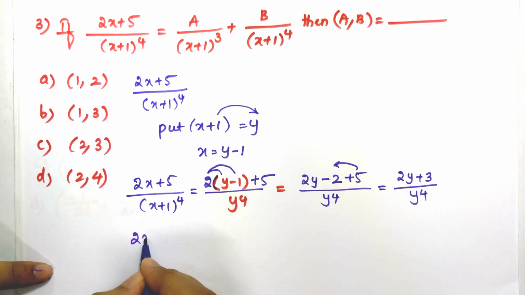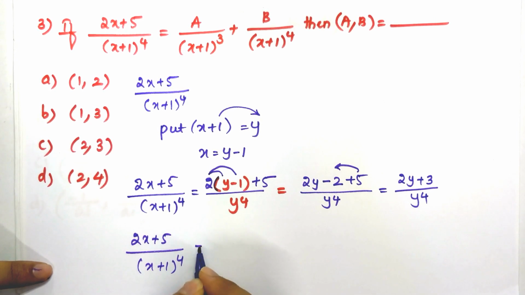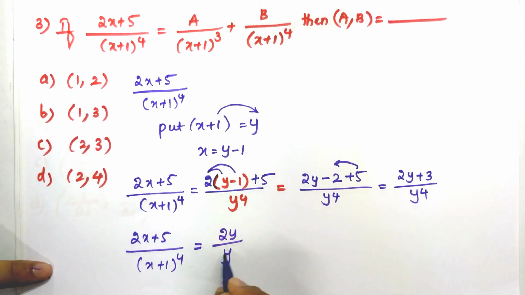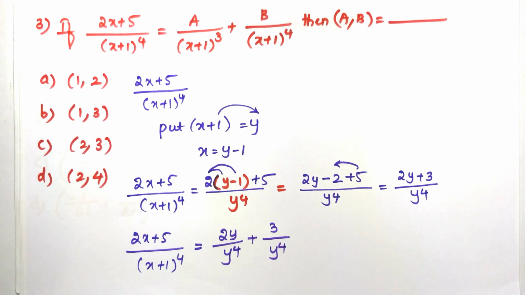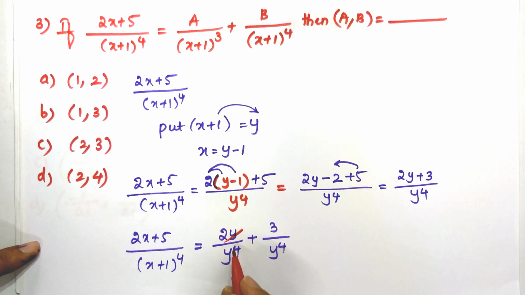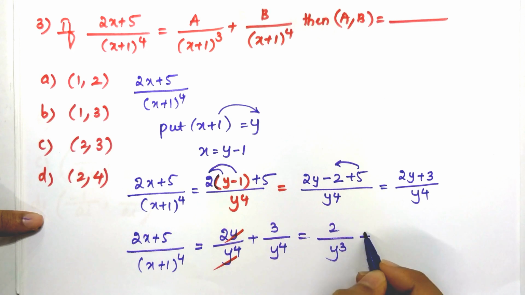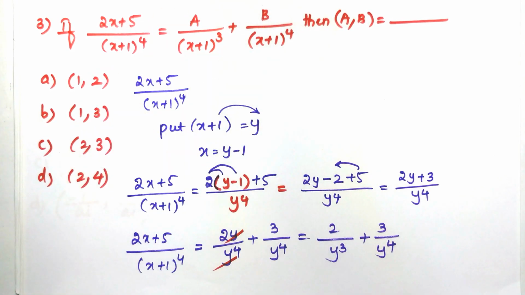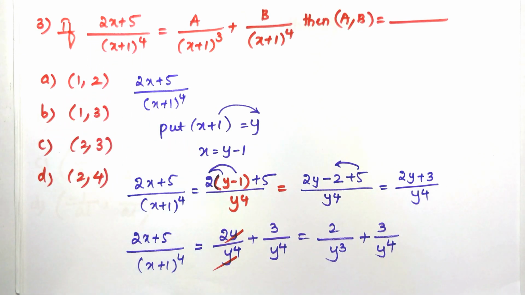Splitting this up, 2y by y power 4 plus 3 by y power 4. If I cancel the y from numerator and denominator, this would be 2 by y cube plus 3 by y to the power of 4. Now compare with the question, 2x plus 5 by x plus 1 to the power of 4.